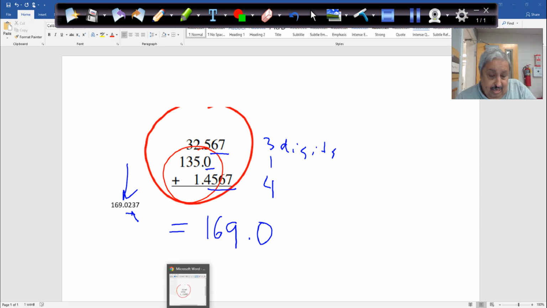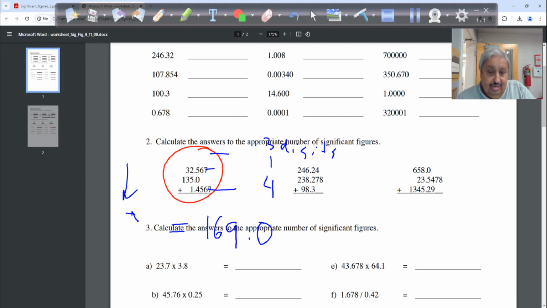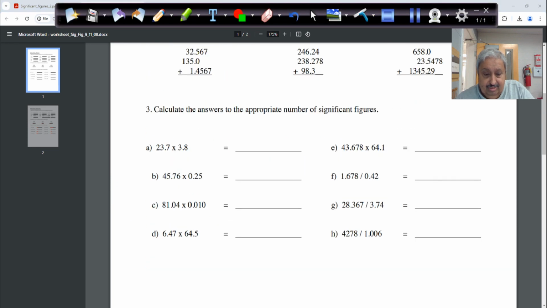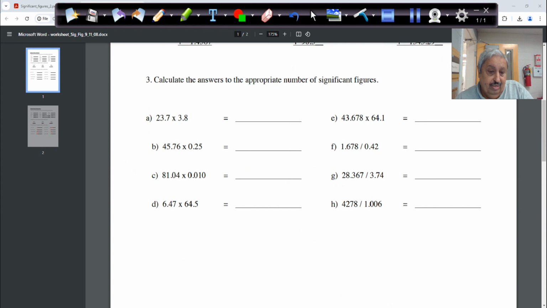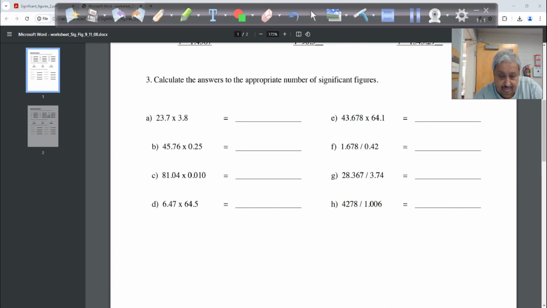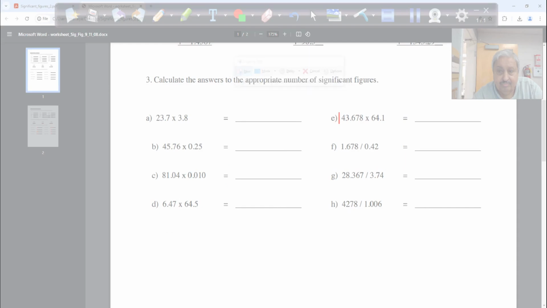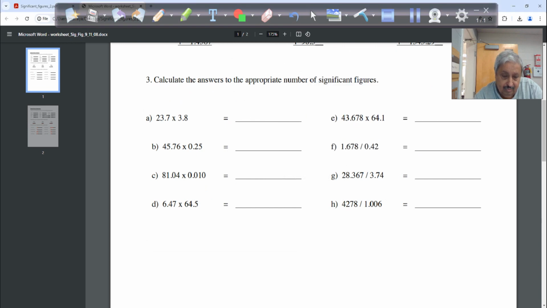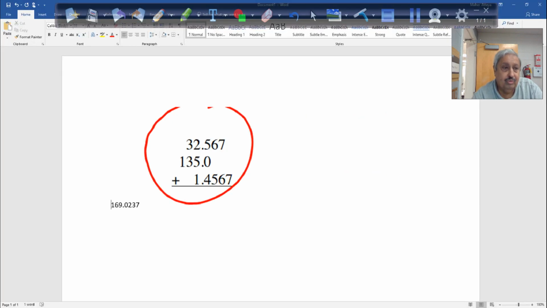So let's go back here and look at multiplication. Let's multiply, select any one of those. Which one do you like? This one here? Okay. I'll take it and make it. So here it is.